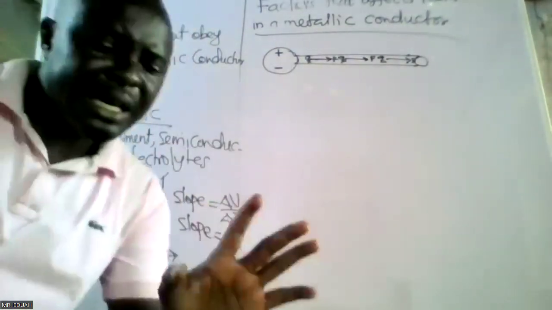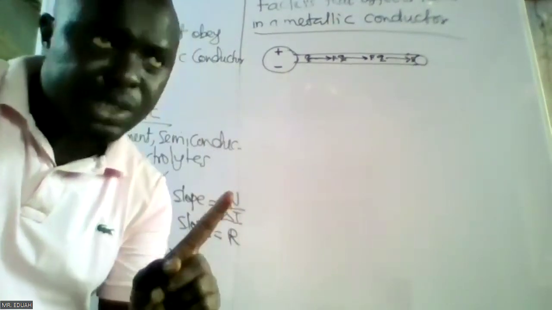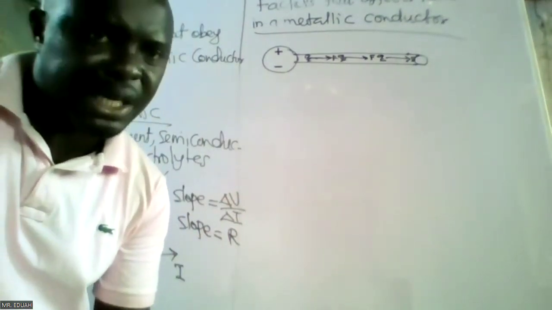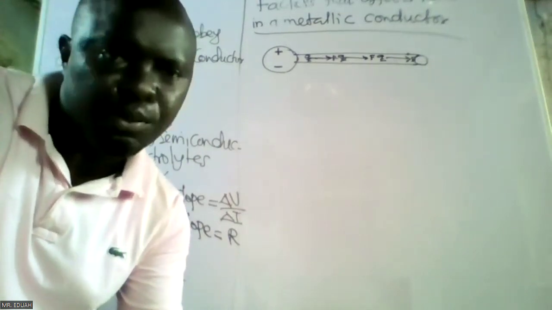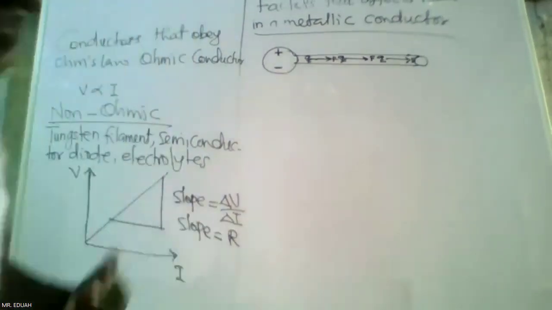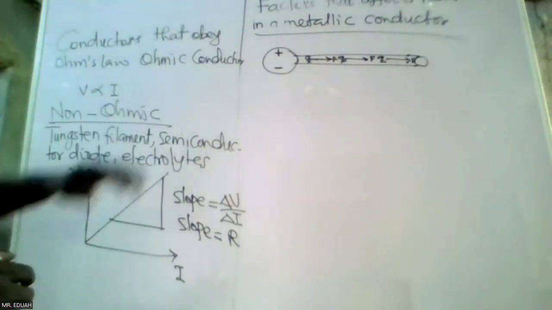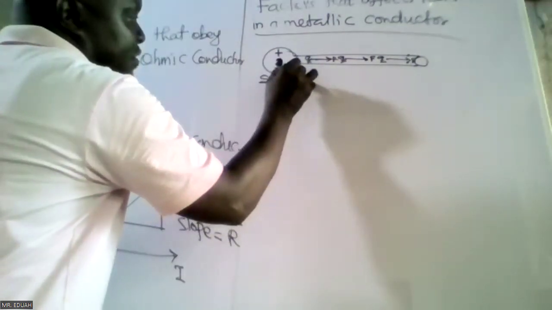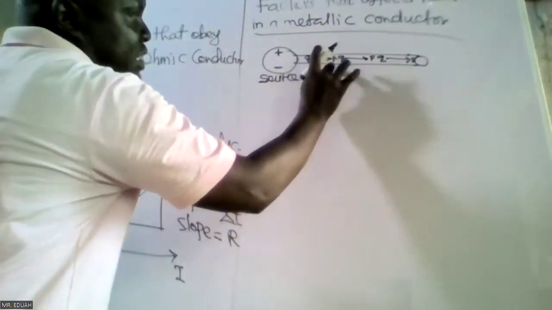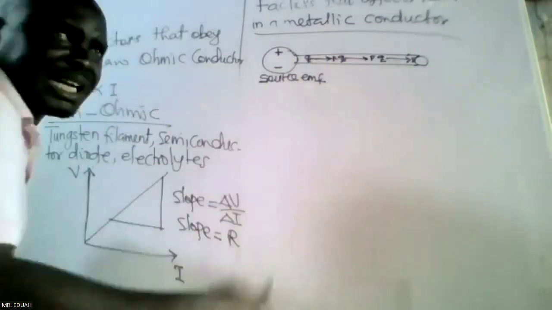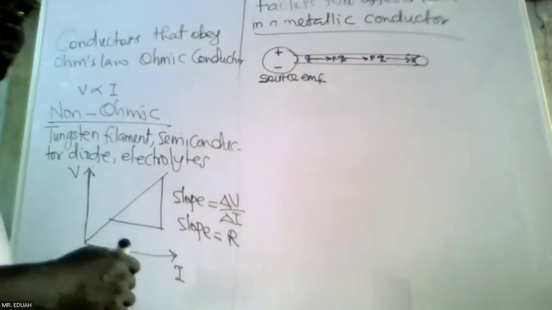And this is because Newton said whenever there is an external force acting on a body, there is acceleration of the body. The body's speed increases or decreases. So the source of EMF is what is responsible for the acceleration of the charges. Once the charges move, we have current.